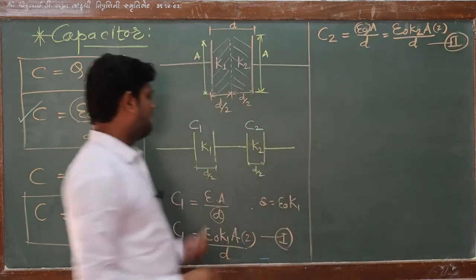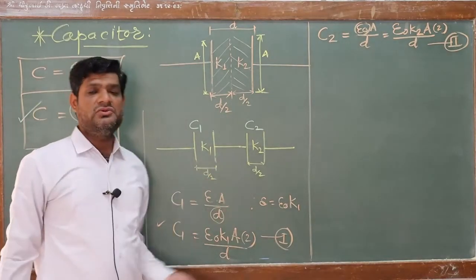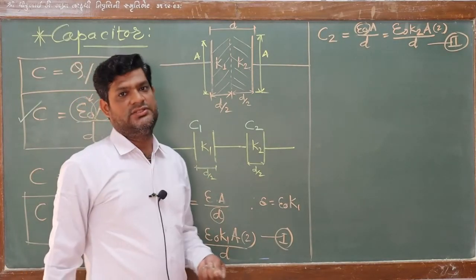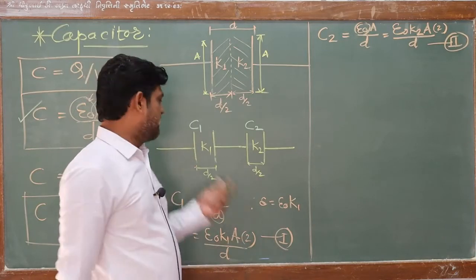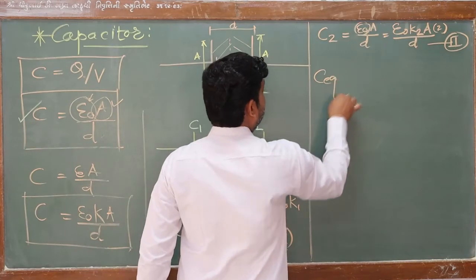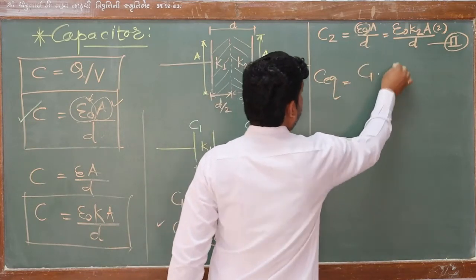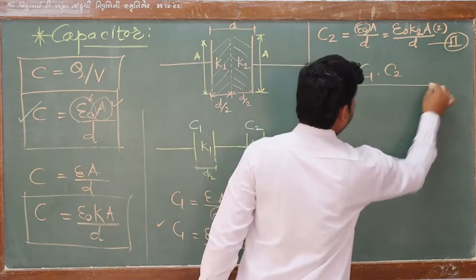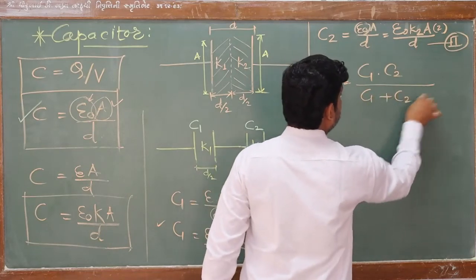From the diagram, C1 and C2 are in series. So the equivalent capacitance is C equivalent equals C1 times C2 divided by C1 plus C2.